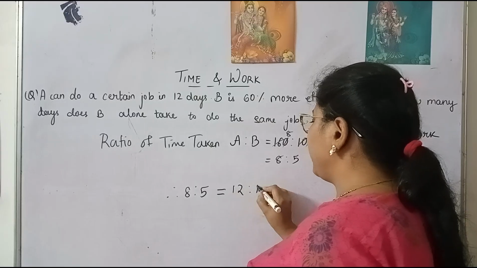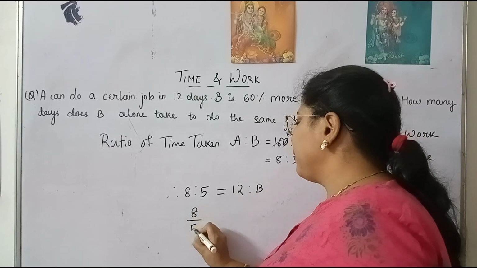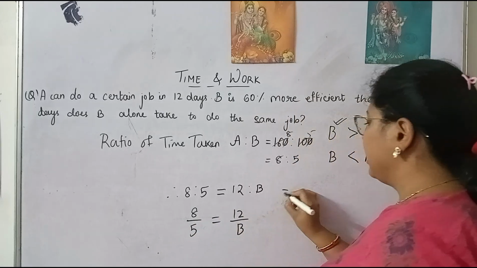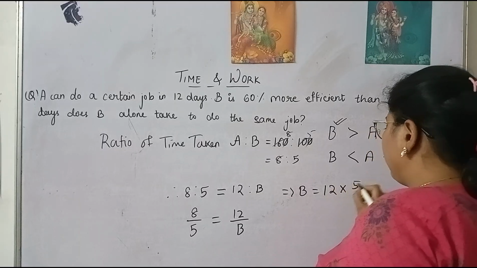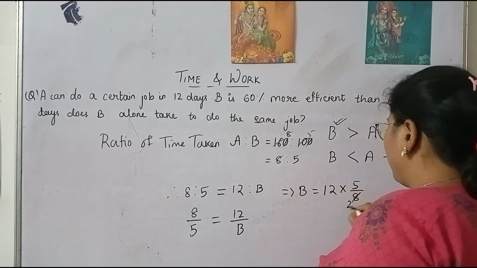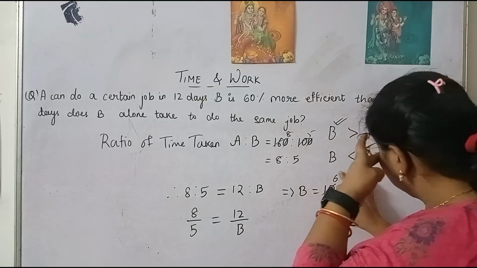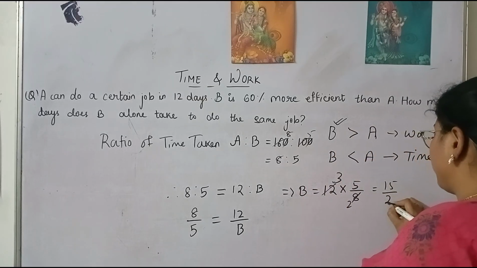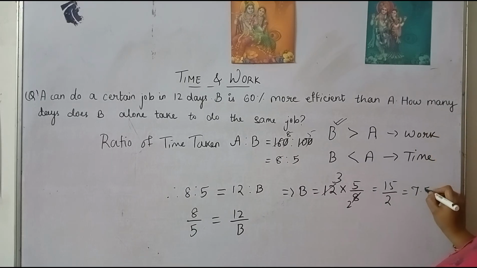We have to find for B. So 8 by 5 is equal to 12 by B. So B will be equal to 12 into 5 by 8. 4 3s are 12, so this is 15 by 2, or 7.5 days.